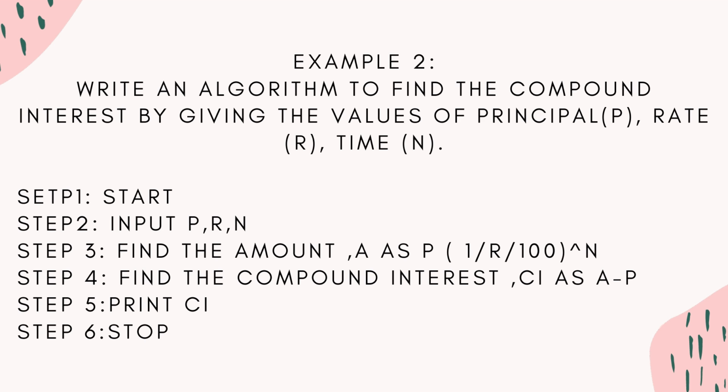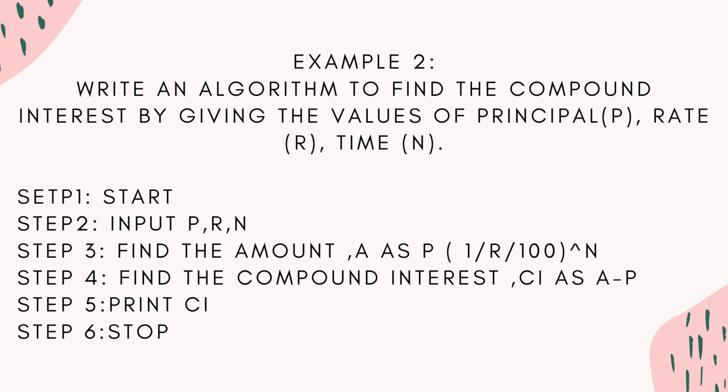So the fourth step to find the compound interest is CI as A minus P. The amount that we get, we have to subtract the principal from it. The fifth step is to print CI, that is the compound interest.